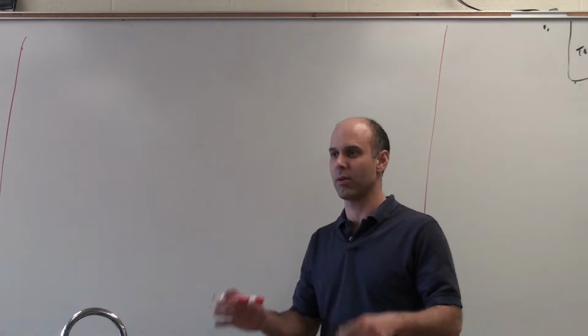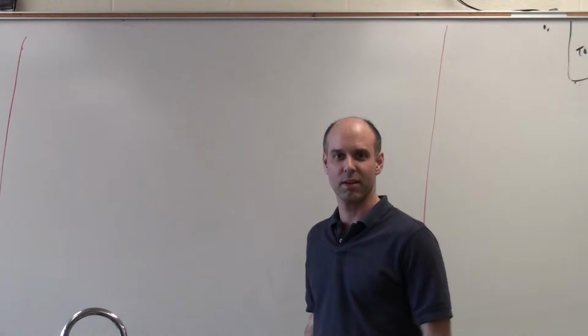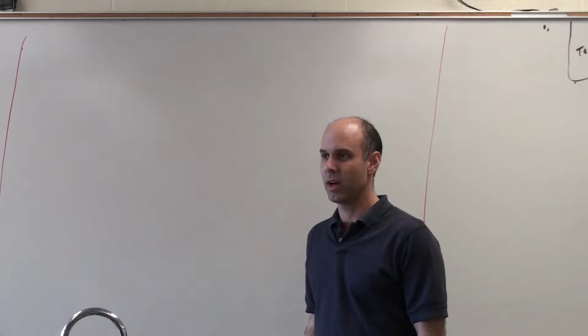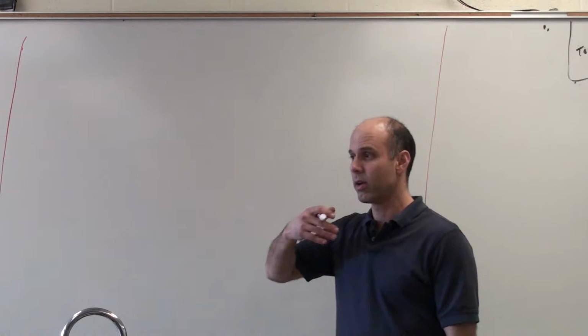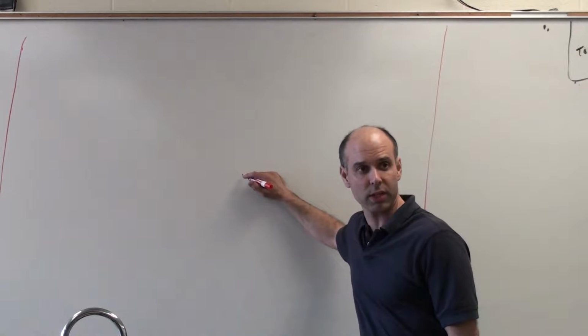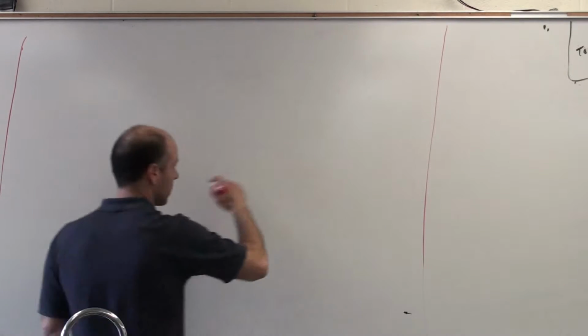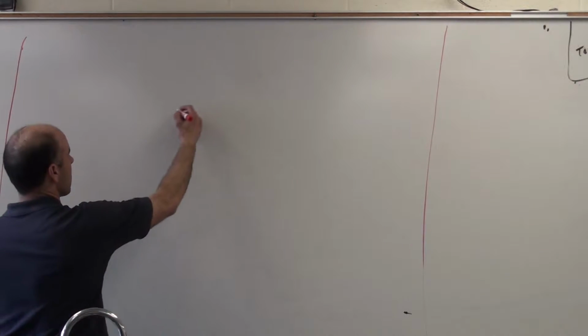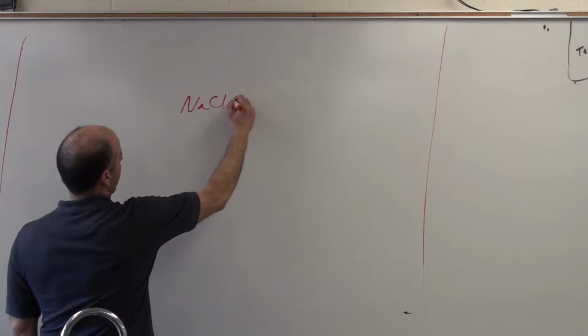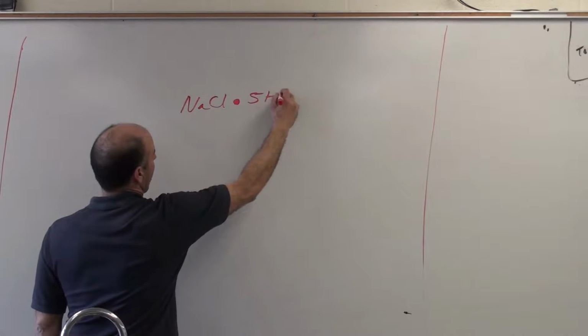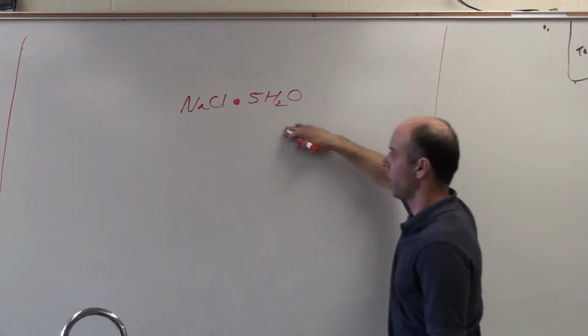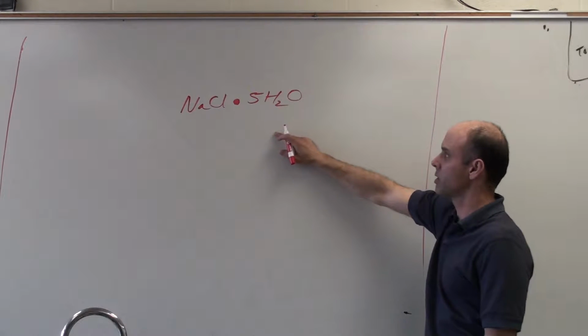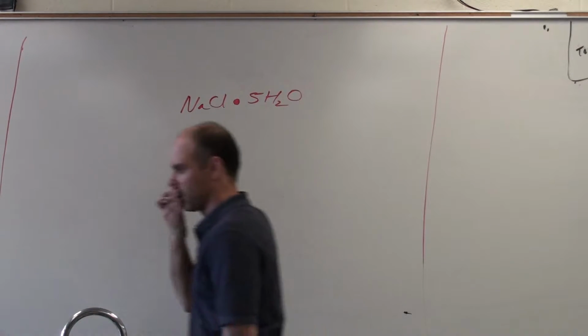Anybody remember what a hydrate is? Well, hydrate is water. You're right. A hydrate is a crystal that's got water in it. So if they write something like sodium chloride, big dot, 5 waters, this is a sodium chloride crystal with water trapped inside.